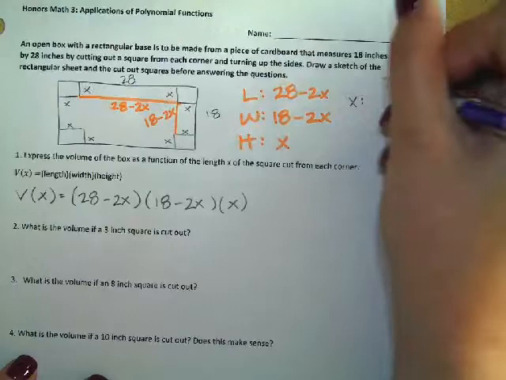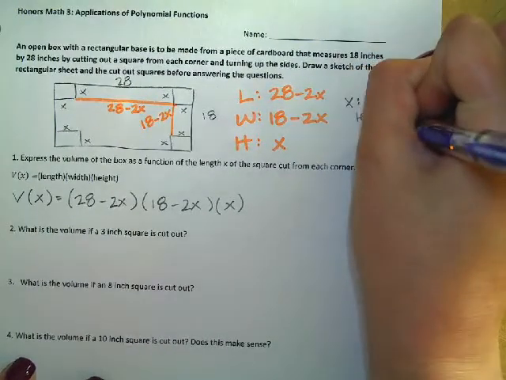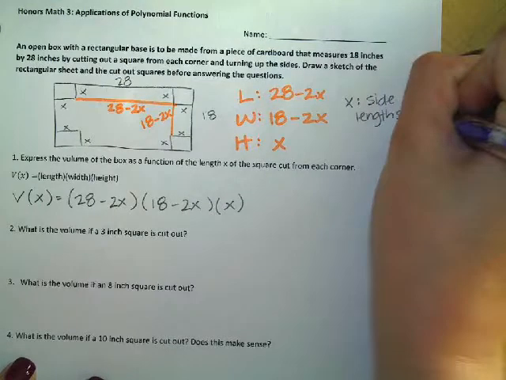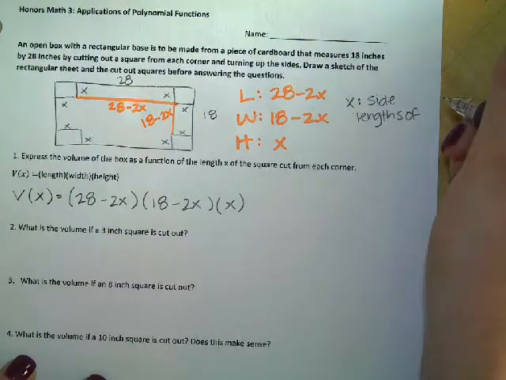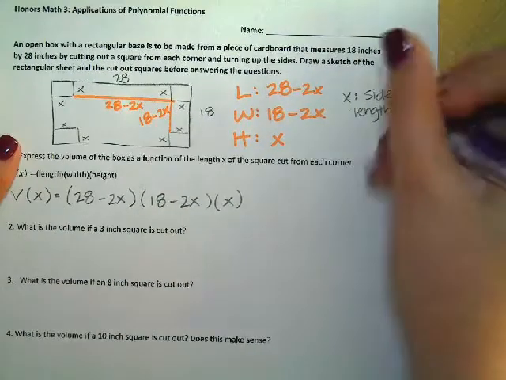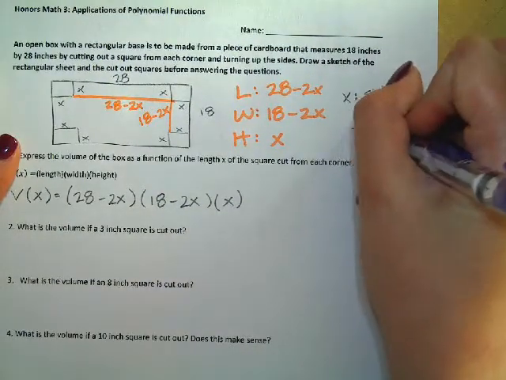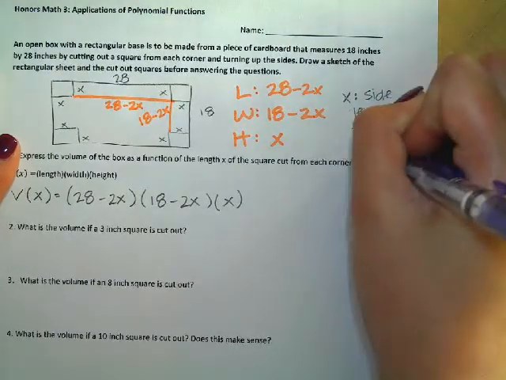So I'm going to say x is the side lengths of the square that we cut out. Go ahead and keep writing it. Side lengths of the square that is cut.